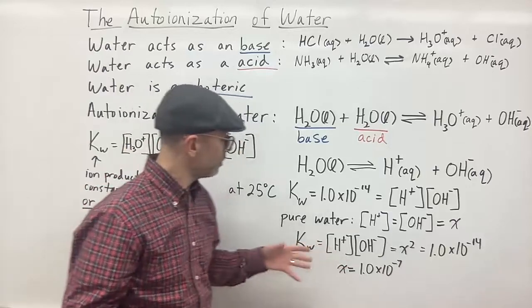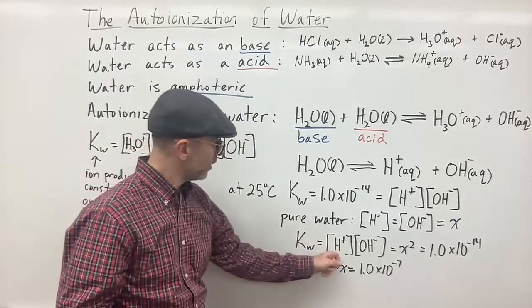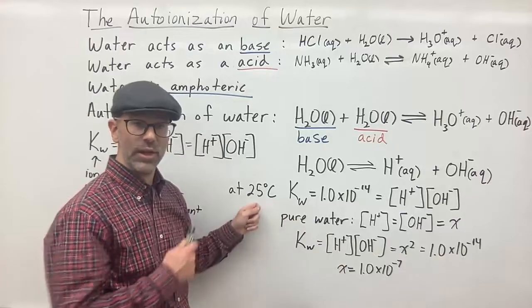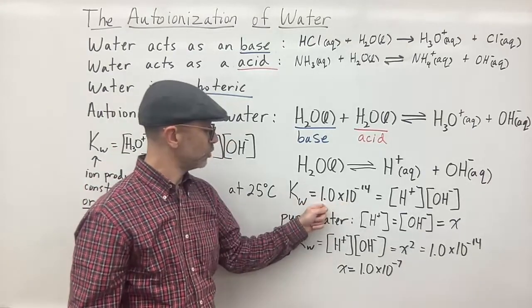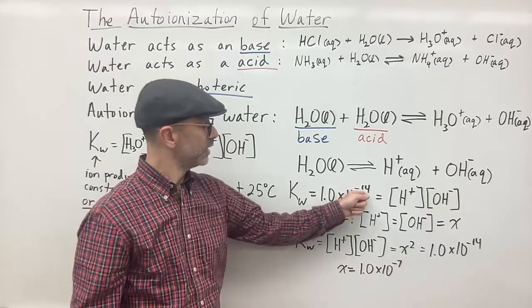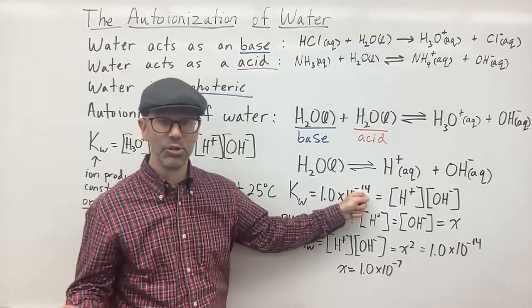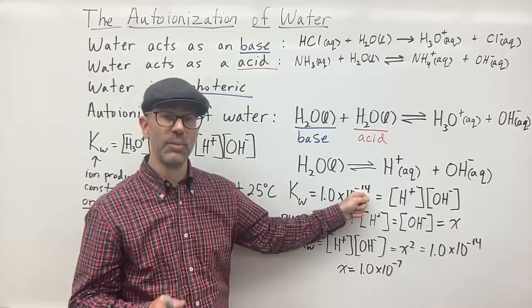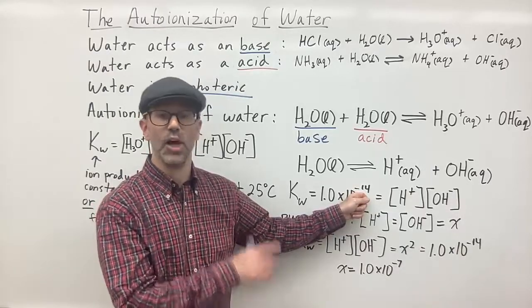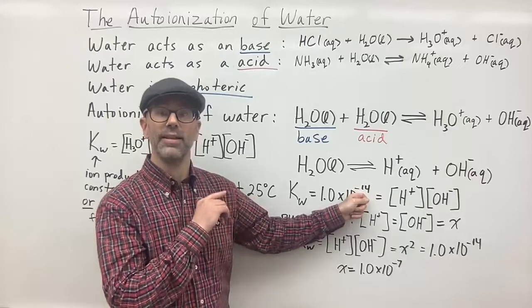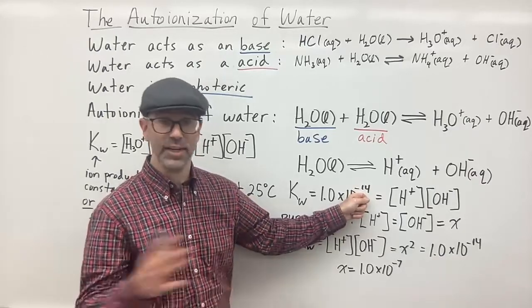So the thing to remember is that at this particular temperature, Kw is always equal to 1.0 times 10 to the negative 14. Just like any equilibrium constant, as long as the temperature is constant, the constant itself is constant. That was kind of strange that I just said that, but it's true.